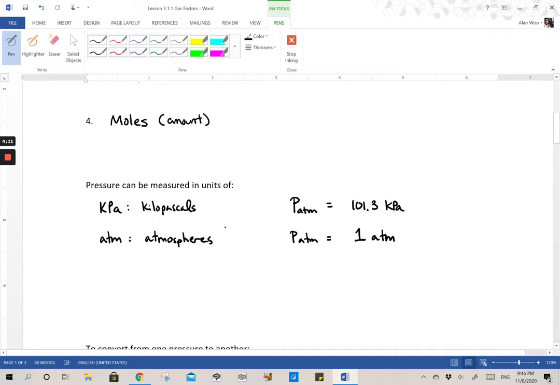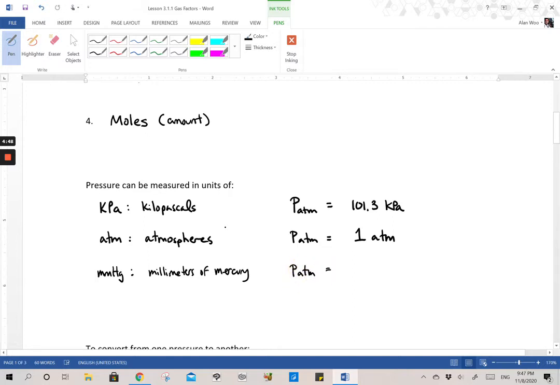And speaking of time, one of the first units that were used to measure pressure is this one here, and it's called millimeters of mercury. So mm is millimeters, Hg is mercury. So it's literally called millimeters of mercury. Because in the old days, they actually did use mercury to measure pressure.